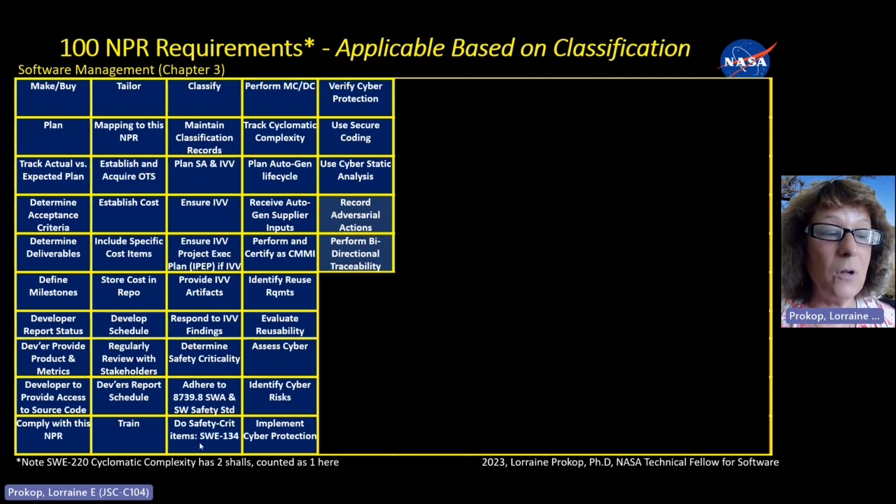And then if it's safety critical, adhere to the software safety standard. There's a special itemized list, called SWE-134, that has a list of things to do. Perform MC/DC testing on safety-critical code, as well as cyclomatic complexity. That's the one with the two shells.